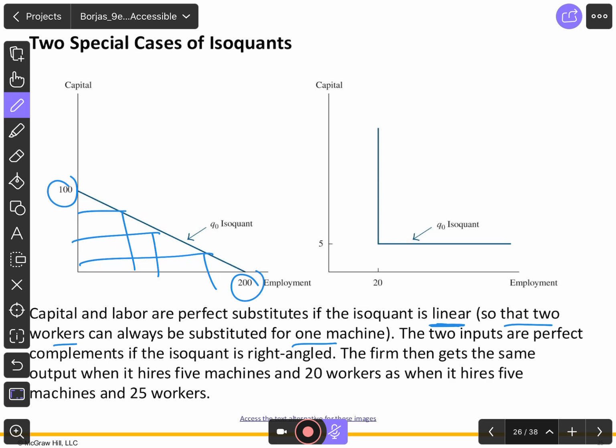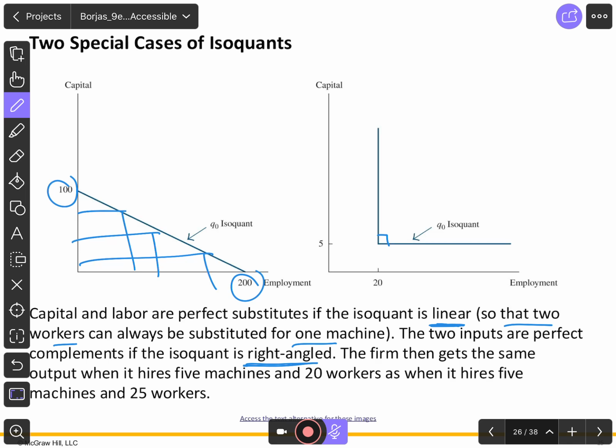We can also have an isoquant curve that looks like a right angle. This one is showing us that the 2 inputs are perfect complements. So if they have a right angle, then they are perfect complements. What does that mean?